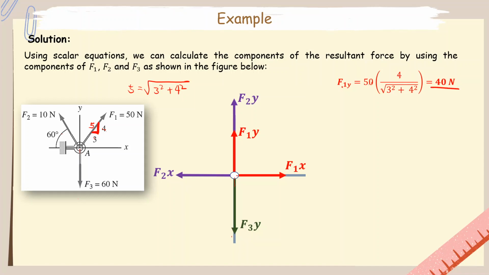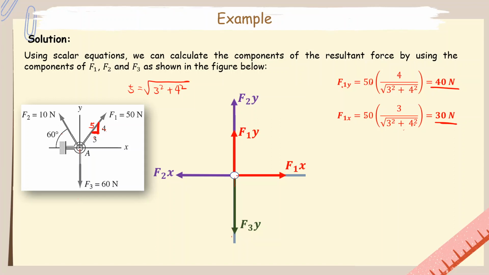Now, let's compute the horizontal component of F1. So, ang horizontal component niya is katong force, 50, times ang horizontal value, 3 over hypotenuse, square root of 3 squared plus 4 squared. So, the answer is 30. So, F1 pa lang yan.